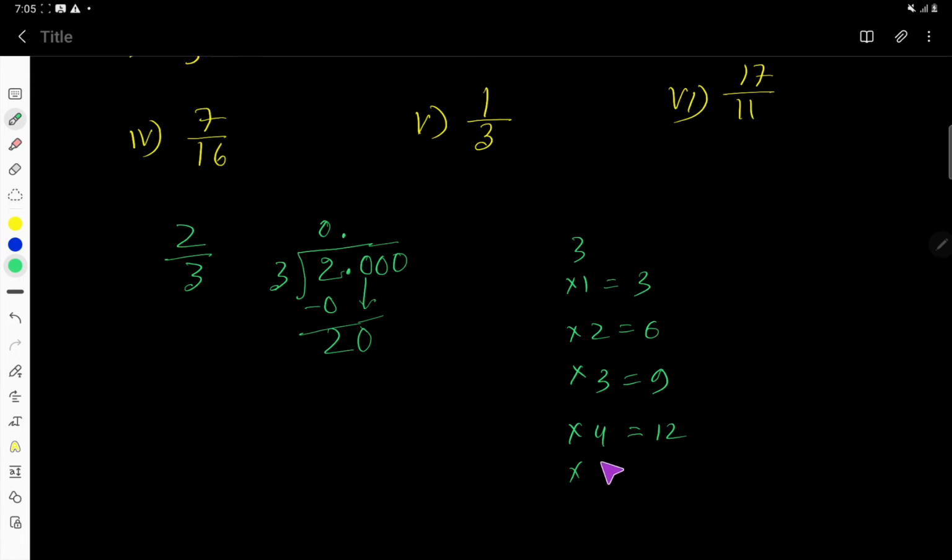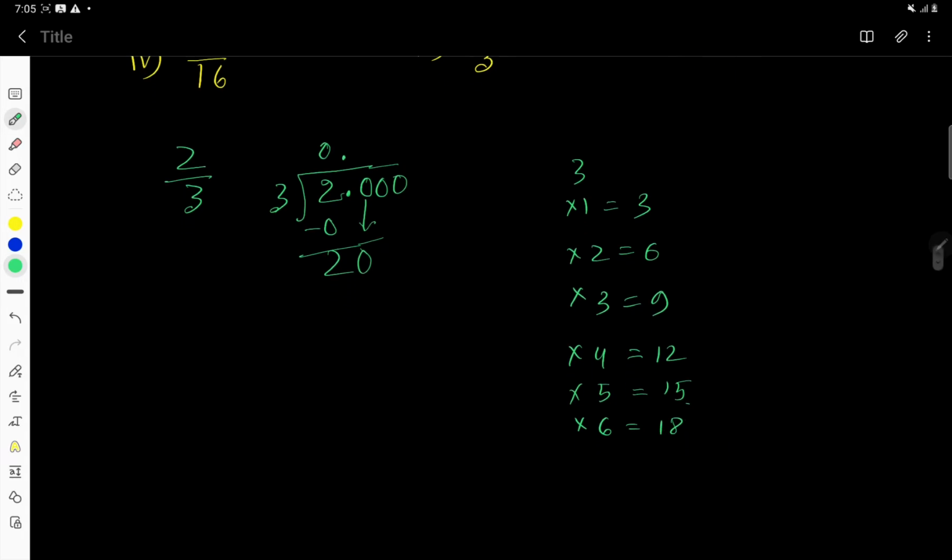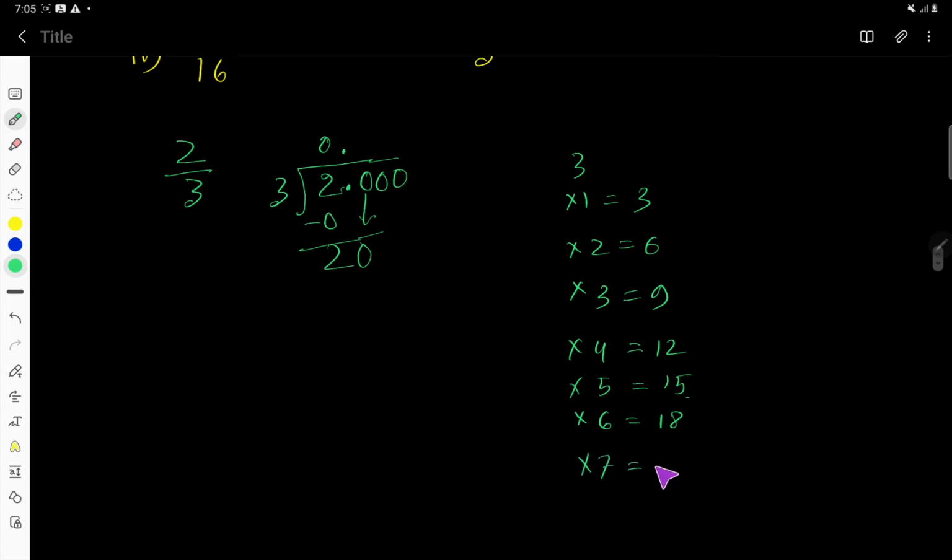Actually, you don't need to memorize the multiplication table, right? 3 times 5, just add 3, 15. Then 18, just add 3 with this 15. Then 3 times 7 is 21. 21 is bigger than 20, so we'll stop here. 3 goes into 20 six times. Just place 6 over this 0.